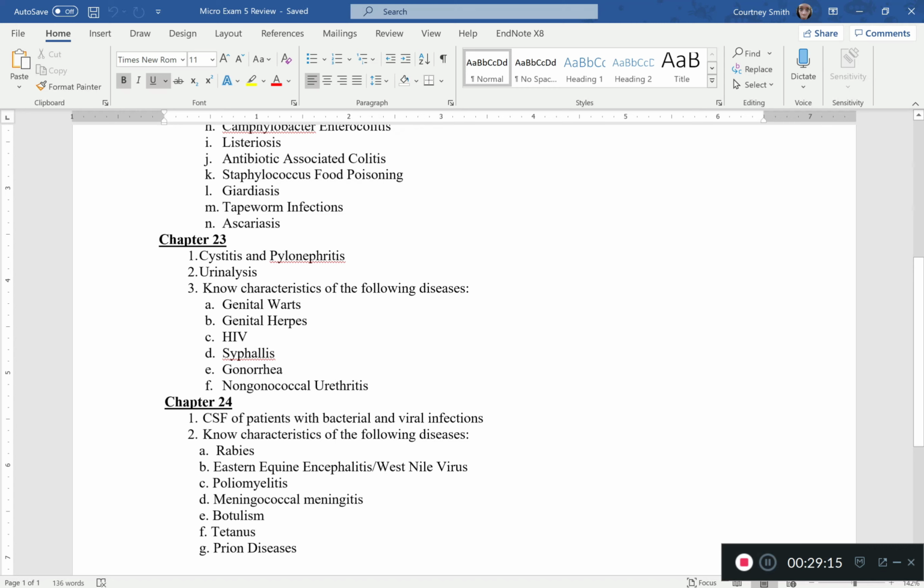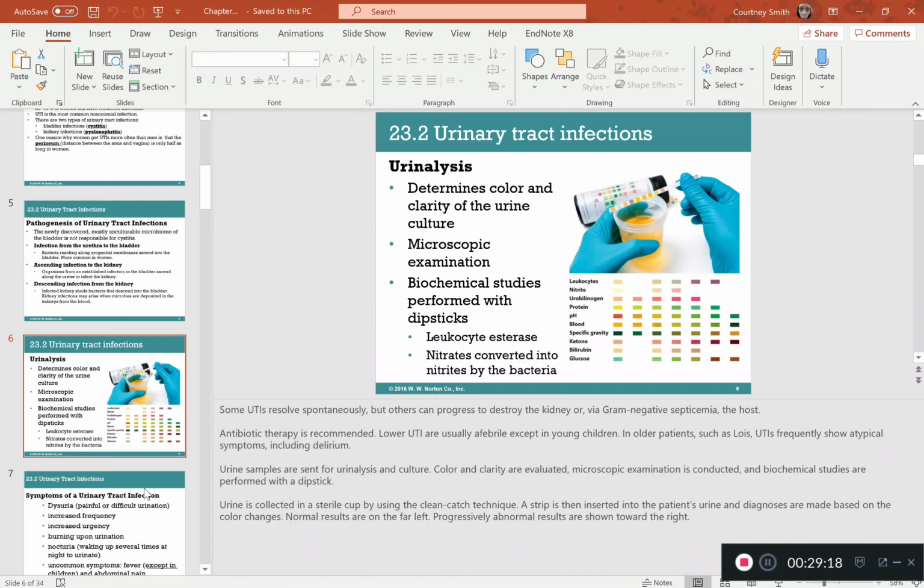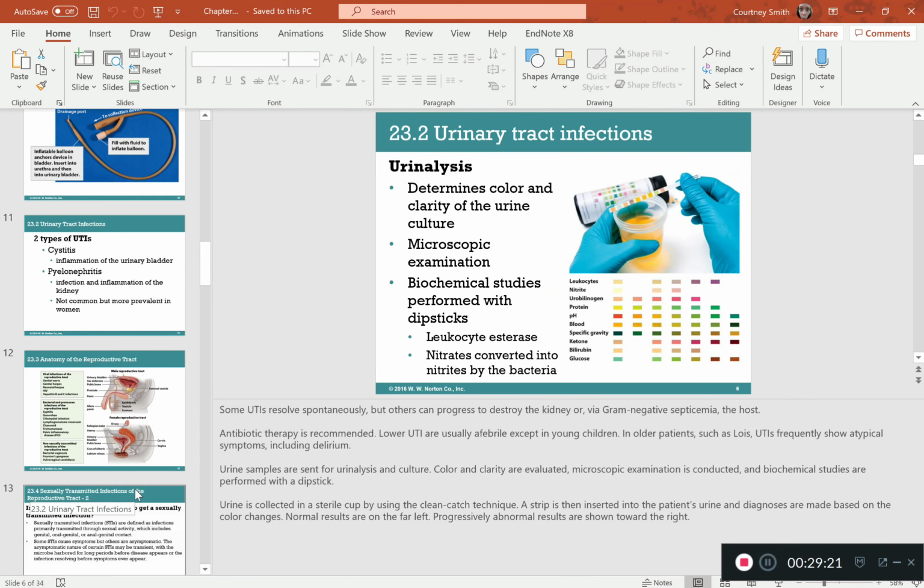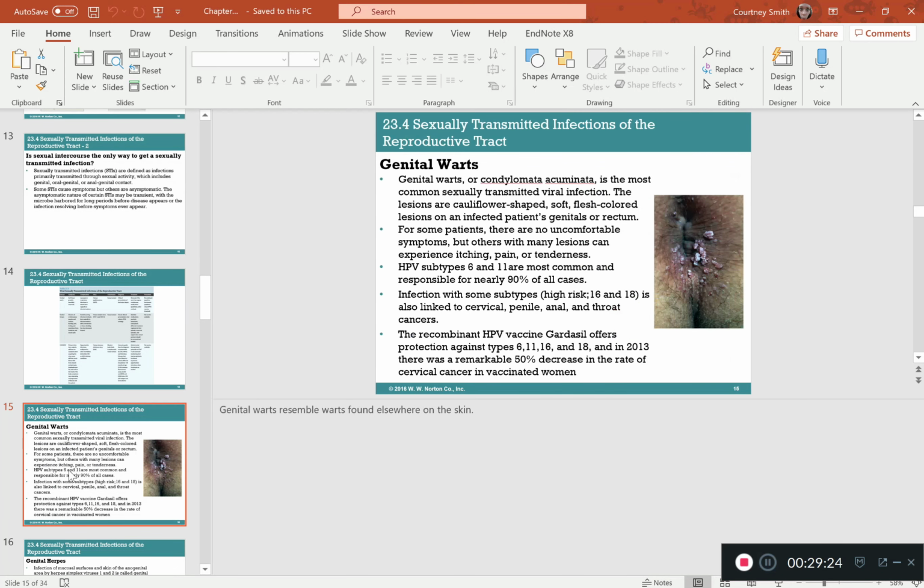Okay, so let's click through some of these STDs. We're going to start with genital warts. We've talked a lot about them before, but just some big picture. They are caused by the HPV virus. There are numerous different subtypes, but the most common ones are 6, 11, 16, and 18. Types 6 and 11 cause the majority of genital warts cases and are not associated with cervical cancer, although that does not mean they can't cause it.